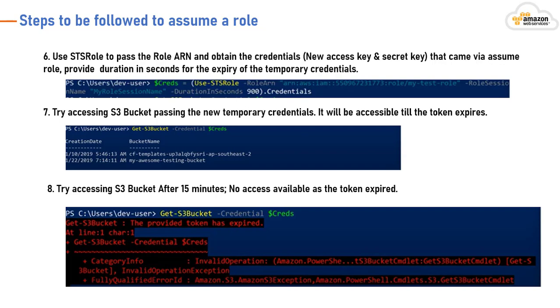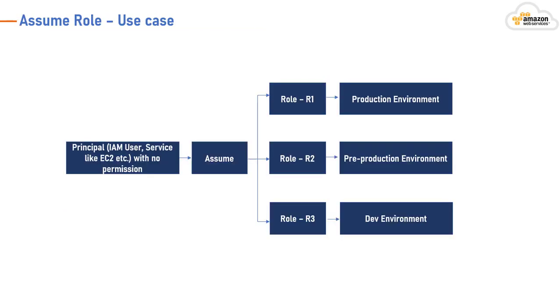Now, a particular use case. Principal can be an IAM user or a service like EC2 with no permission, right? Normally. In that case, assume role comes into the picture by assuming a role like R1. The same principal, an IAM user or a service like EC2, can assume a production environment role, and he can make changes into that environment.